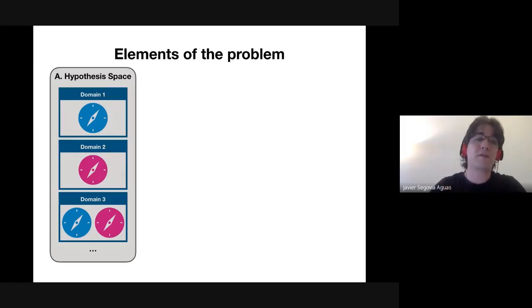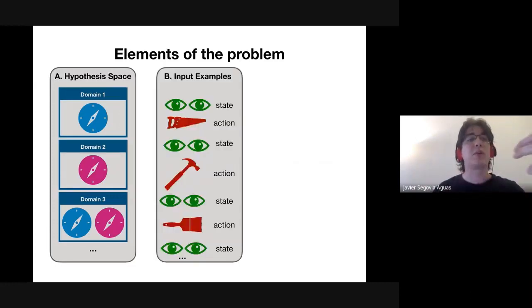So we may have, for instance, a domain that is blue, another domain that is pink, or a combination of both, or whatever. So we have to reason about what is the exact domain that I have to learn for this problem.